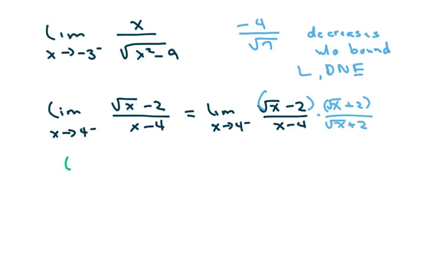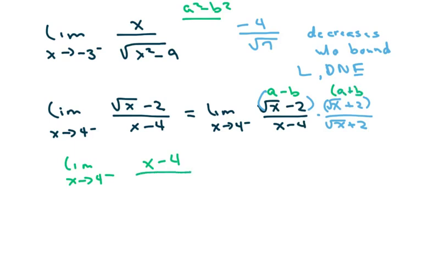When you do that, you're going to get the limit as x approaches 4 from the left of, when you square the numerator, x minus 4, because we're just using a squared minus b squared. You just square your a and your b.